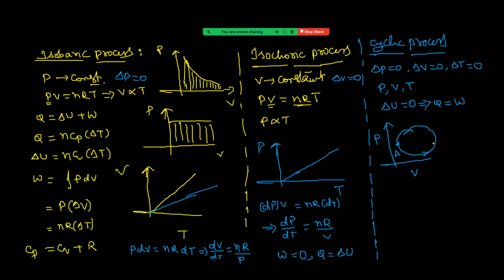Let us take one more point, that is B, diametrically opposite. If you observe carefully from A to B, volume is increasing, therefore work done by the gas from A to B will be the area under the graph.